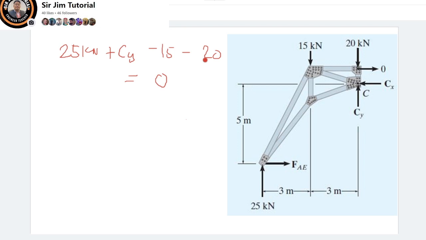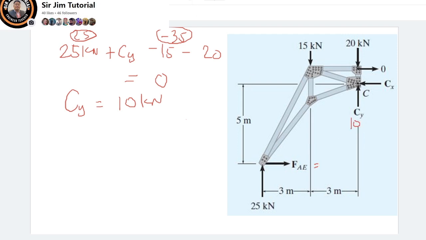So for CY, 15 and 20 is 35. This is 25, and this one is minus 35. So that becomes minus 10, right? And then we put it to the other side, it will become positive 10 kilonewton. Okay, so this is 10.